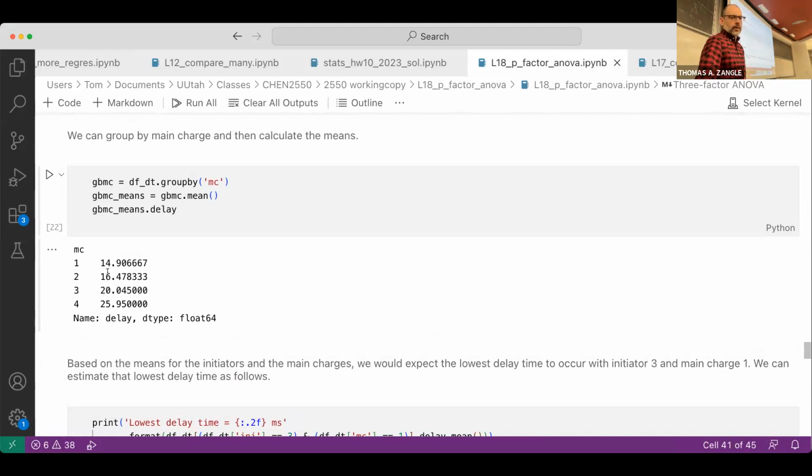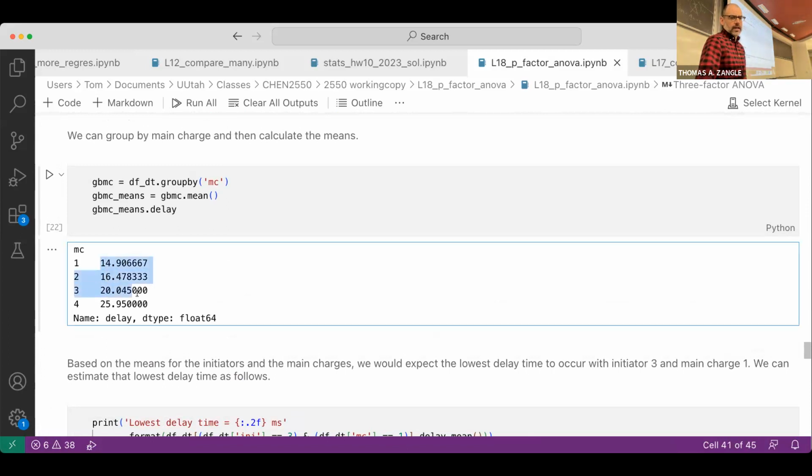So we would say that the difference in mean between main charge 1 and main charge 2, for example, is not significant. But the difference in mean between main charge 4 and, for example, main charge 2 is greater than 5.6. And so the difference in mean that we observed between main charge 4 and 2 is significant.